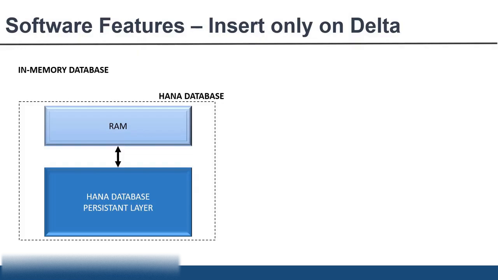Suppose a user starts working on the HANA database and the user is trying to fetch the data for a particular sales order from the HANA database. That means the user is trying to fetch the data from the VBAP table and is trying to fetch the data for a particular sales order frequently. So the HANA system is quite smart.